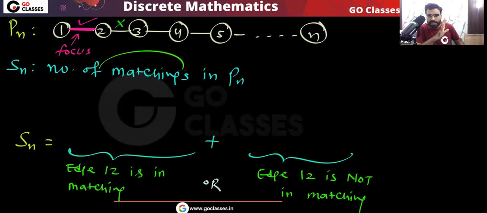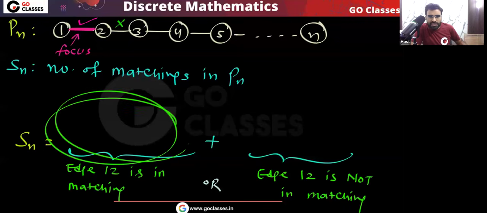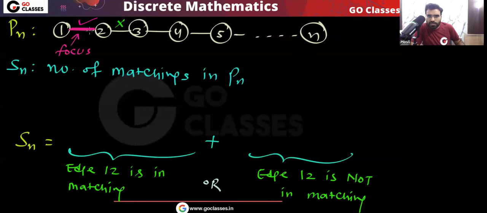Our target is just to create a matching. If I take this edge 1, 2 in the matching, then edge 2, 3 I cannot take. Now in this remaining graph I can create a matching. Yes or no? In this remaining graph I can create a matching.